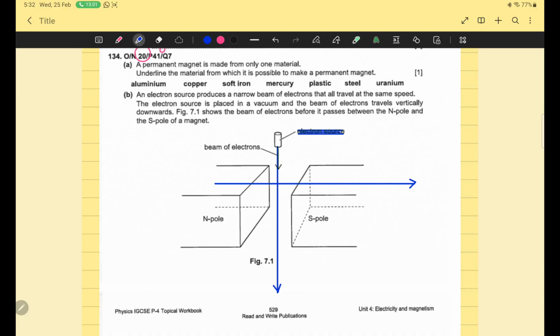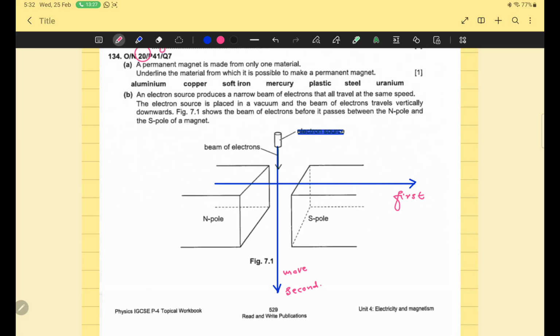Atif bhai, where is your thumb? This is the first finger, north to south. This is the second finger, the direction of motion, the charged particle moving downward. Where is your thumb? Outward.